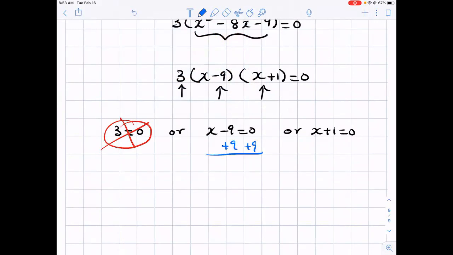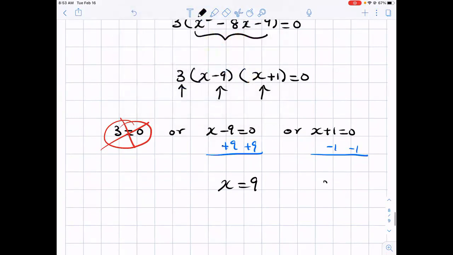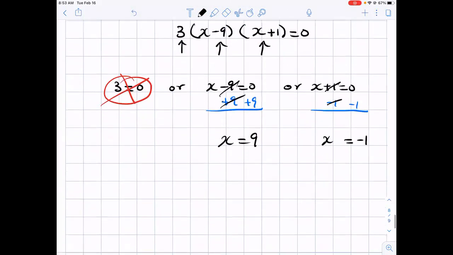So we have x is equal to 9. If you solve here, you will subtract 1 on both sides. So we have x, this will cancel out, equals negative 1. But don't forget, you're not finished.